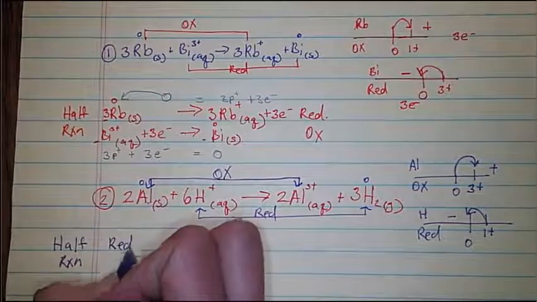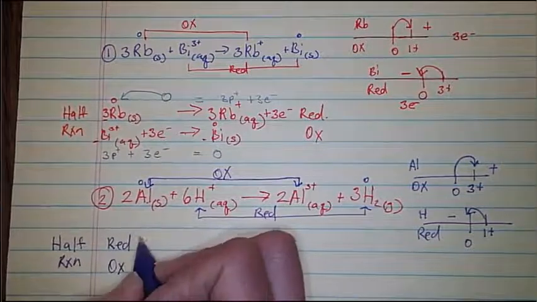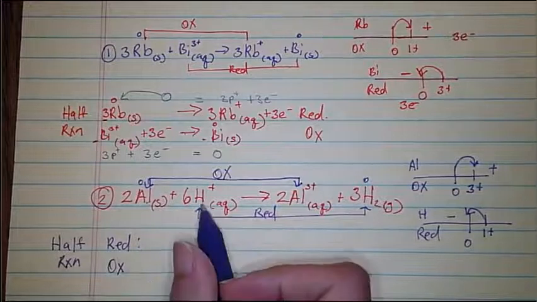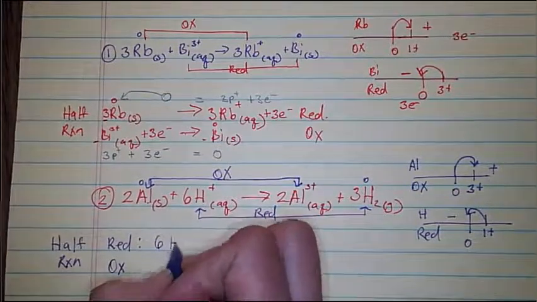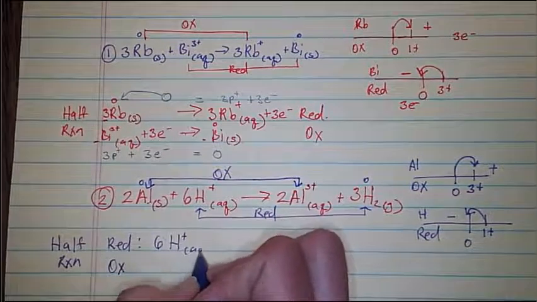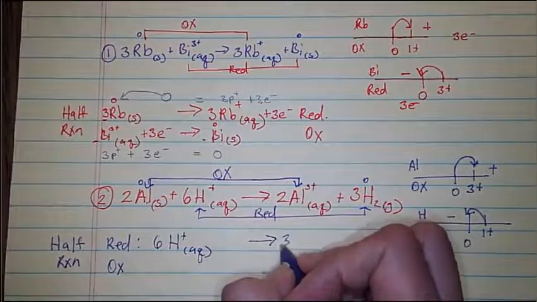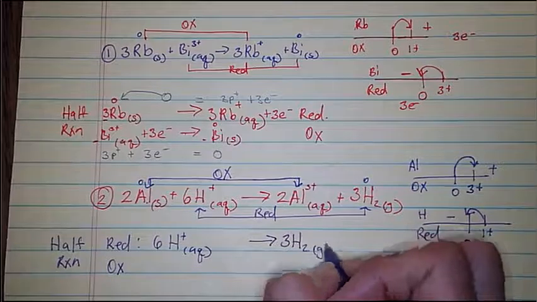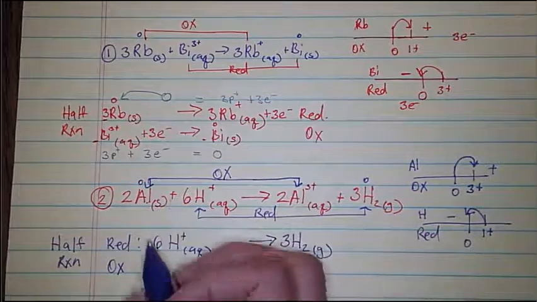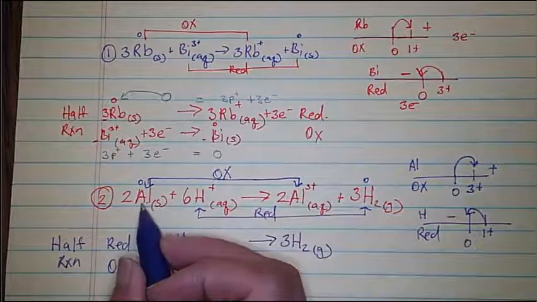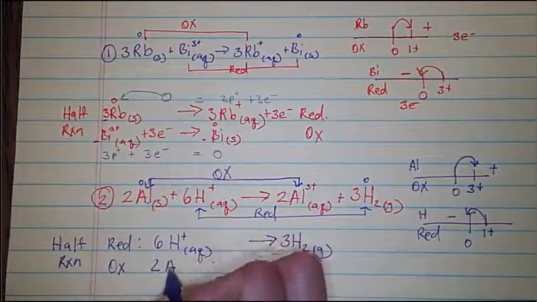So if I write my half reactions, I am going to write my reduction and then my oxidation. So my reduction in this case will be hydrogen. So I'm going to write down 6 H+ aqueous. Leave some space, draw your arrow, and 3 H2 gas. Okay, I'm going to copy it as it is. And then my oxidation is 2 aluminums.